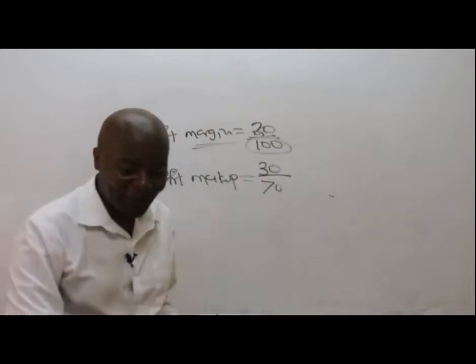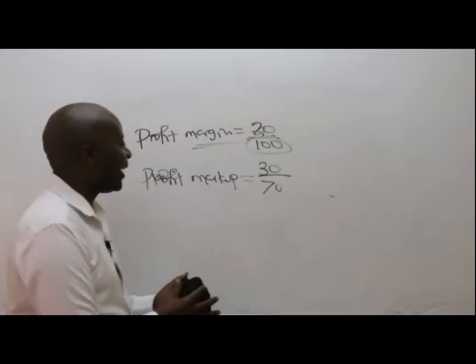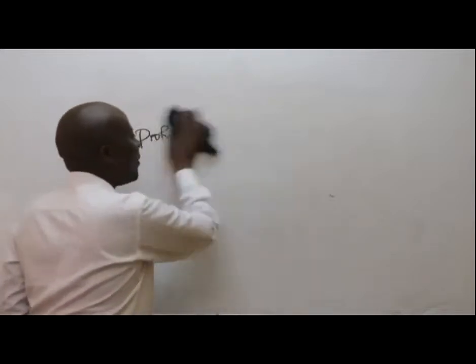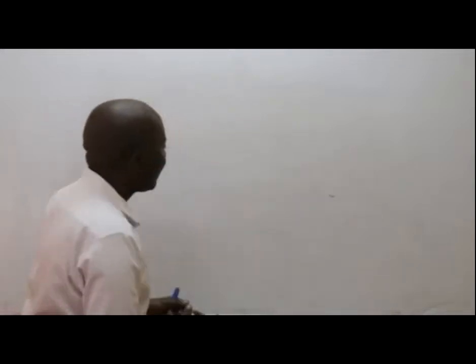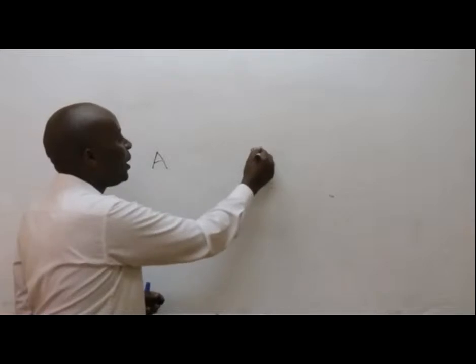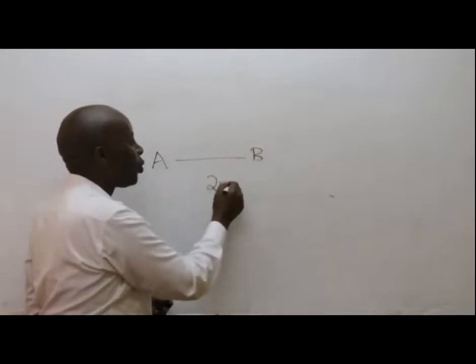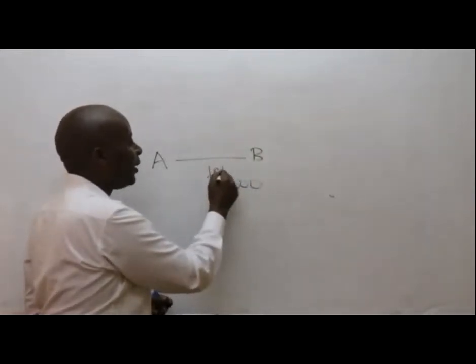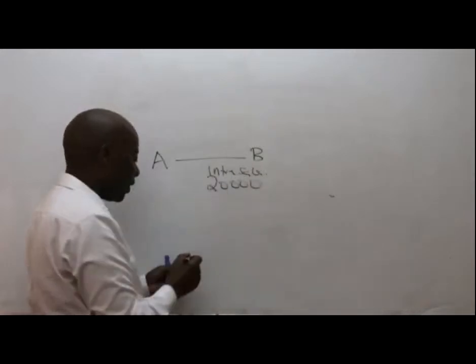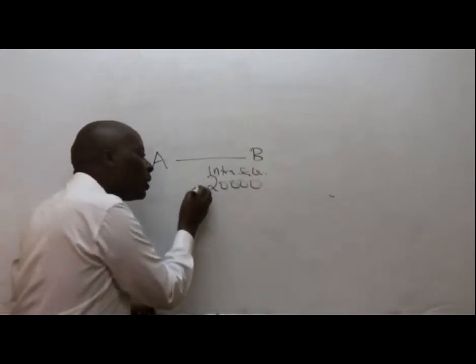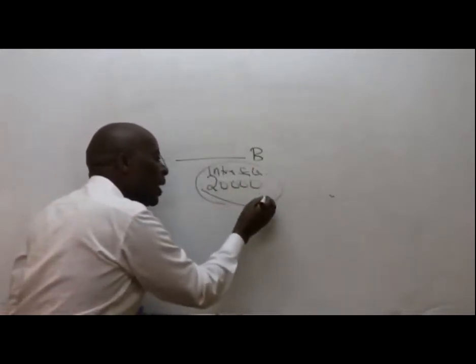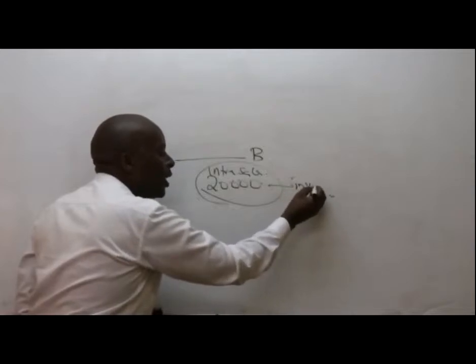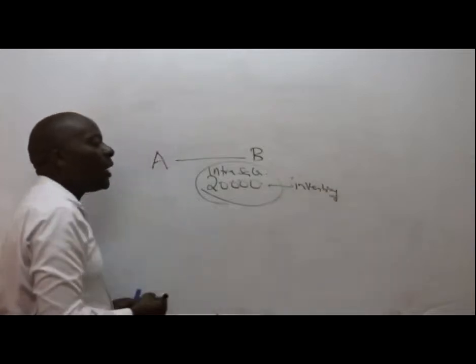Now, my great students, here we are. They have given us a nice question. They have told us that A has sold to B goods worth 20,000. The intra-sales is 20,000, and all these units still remain in our inventory. They are not sold at all.